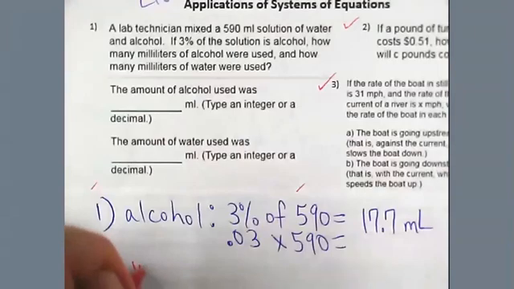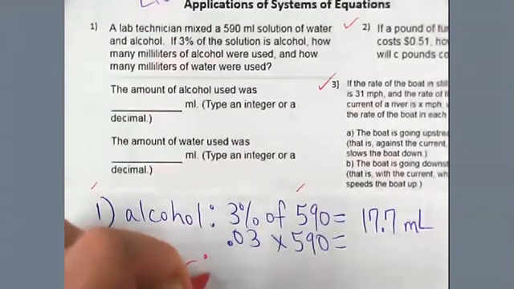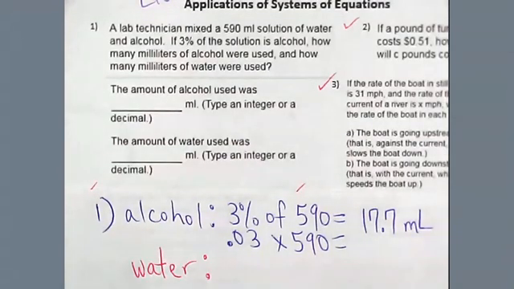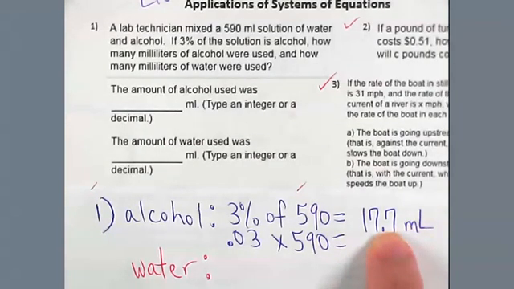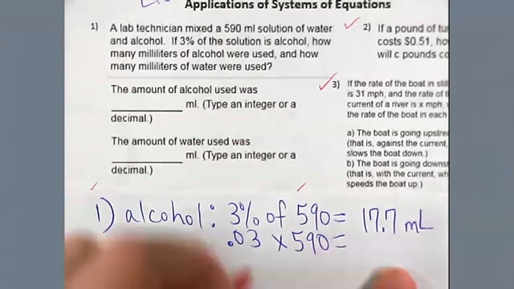Now, to find the amount of water used, it's just simple subtraction. You take the amount used for alcohol and subtract it from the 590.